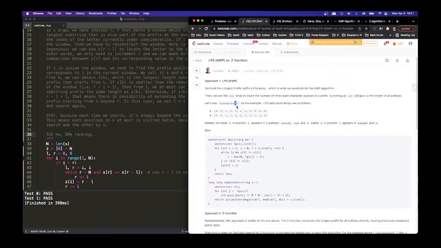So this position appears in B, BAB, and BA, BABAB. Let's see, it appears in all prefixes.